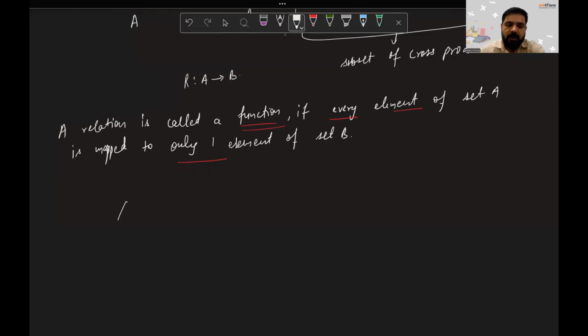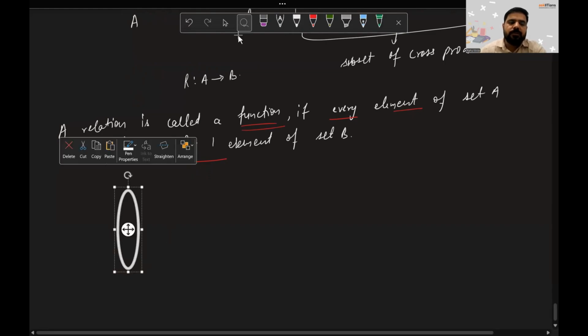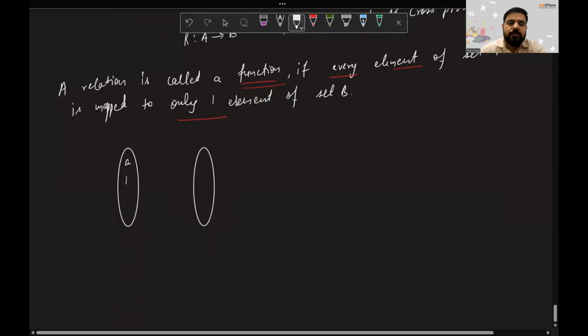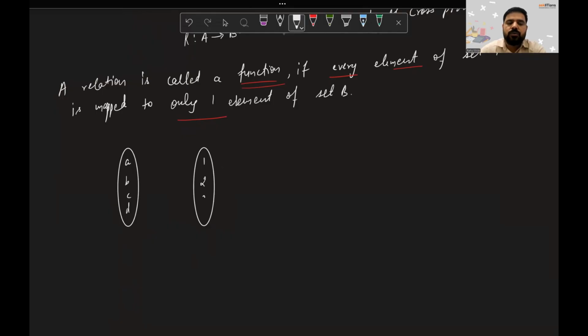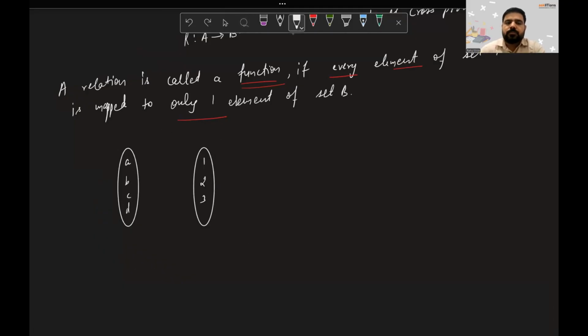Let's say I draw basic examples over here. I'm taking a few arrow diagrams, which will help us in the understanding. So I'm taking A, B, C, and D, and here we're taking 1, 2, 3. I'll just first select this because we'll be using it multiple times to explain.